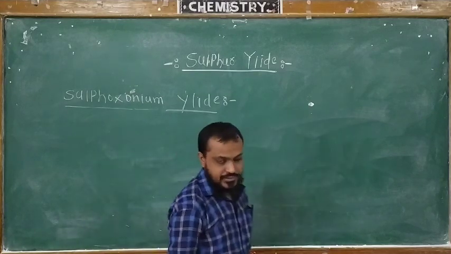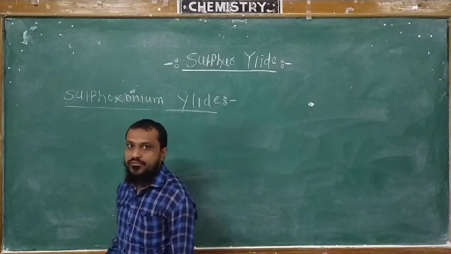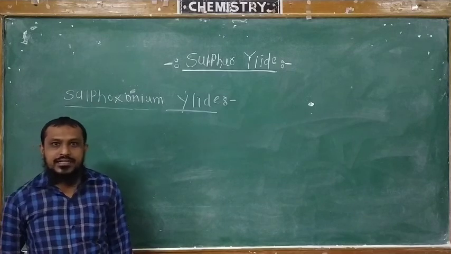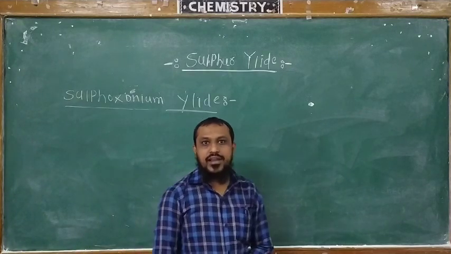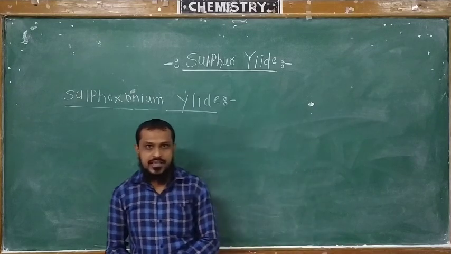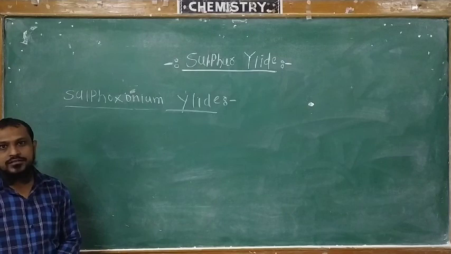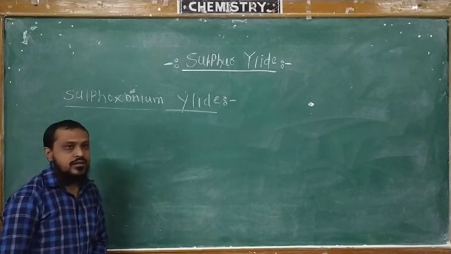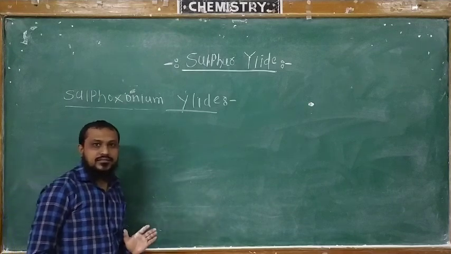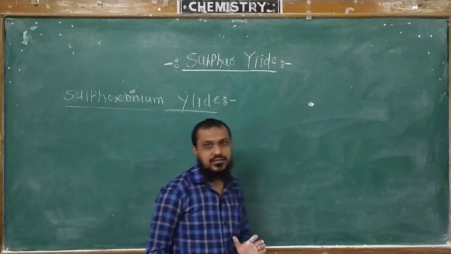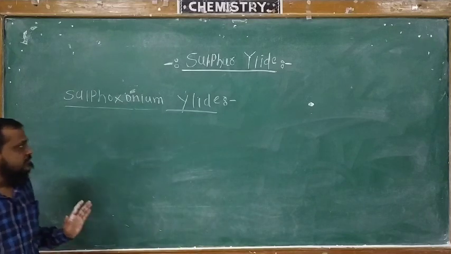Now listen, I am defining the sulfoxonium ylide. When dimethyl sulfoxide is treated with any alkyl halide, it forms sulfoxonium ylide. This is the simple definition of sulfoxonium ylide.